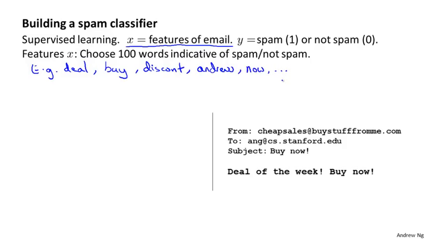Given a piece of email, we can then take this piece of email and encode it into a feature vector as follows. I'm going to take my list of 100 words and sort them in alphabetical order, say. Doesn't have to be sorted, but here's my list of words, and so on, and eventually I'll get down to now, and so on.